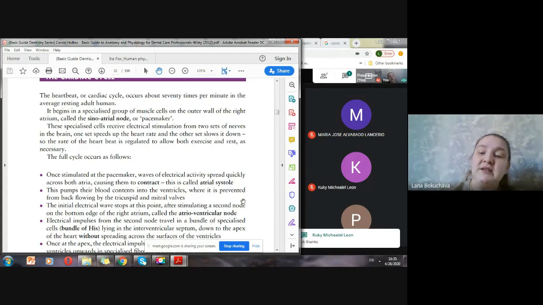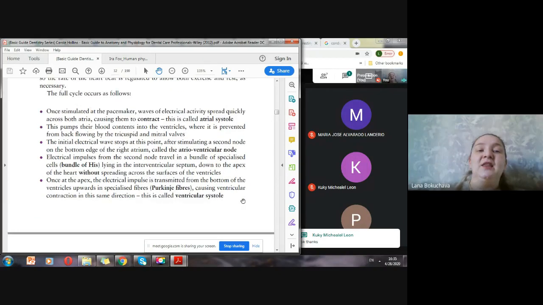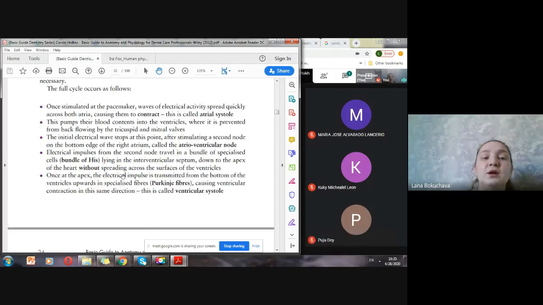So as a result, you can see here that the full cycle occurs as follows. Once stimulated at the pacemaker, waves of electrical activity spread quickly to both atria and so on. So you see the whole explanation.